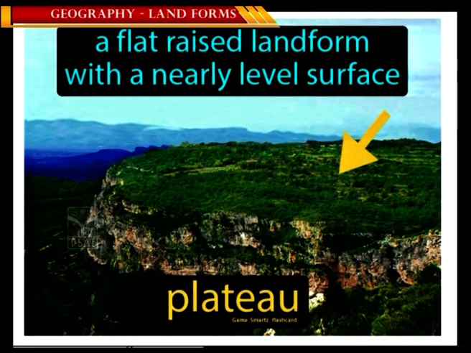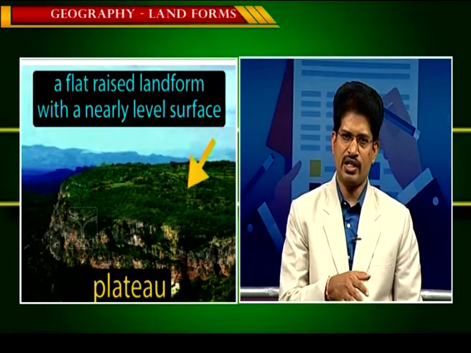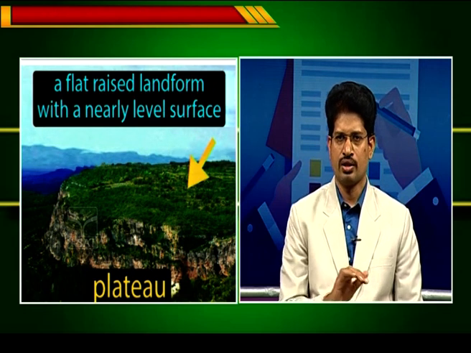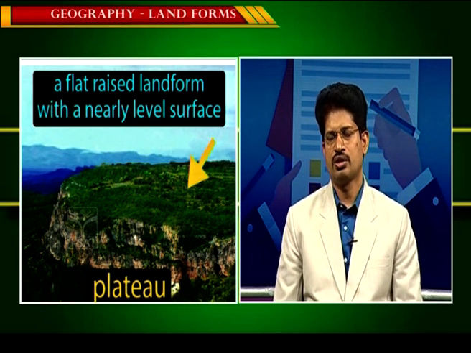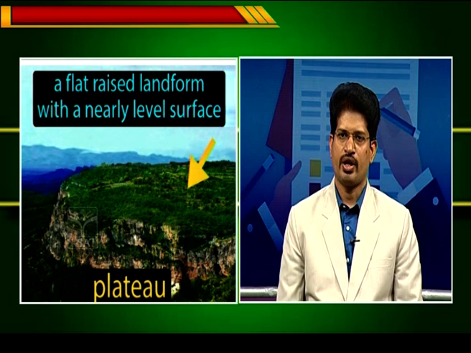For example, see the kind of structure being formed here. There is an elevated land with a flat structure above, and an abrupt, sudden rise from the surrounding region. This kind of structure is described as a plateau.